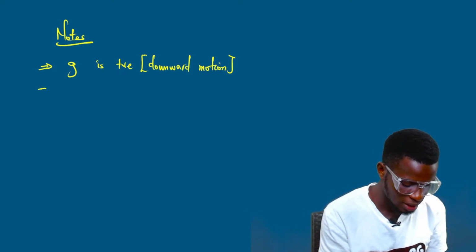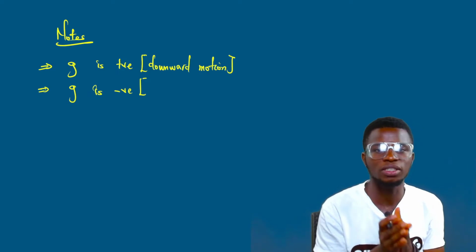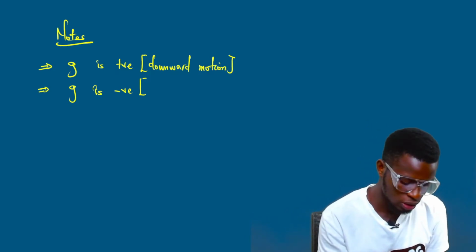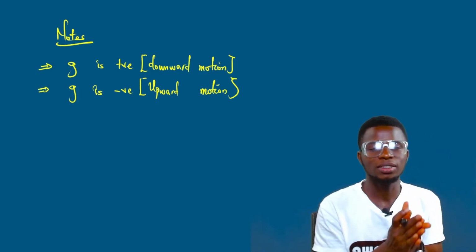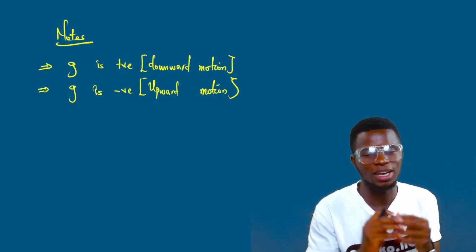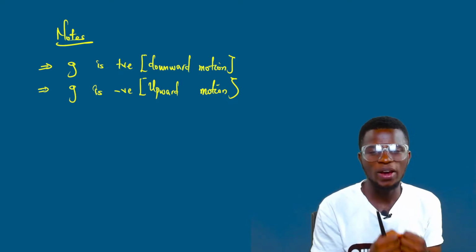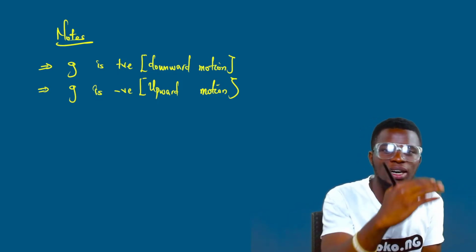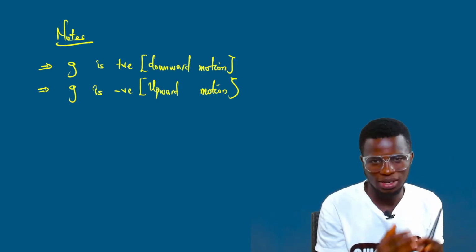The next case is when g is negative. When acceleration due to gravity is negative, then the motion of the object is upward. Using the staircase as an illustration, you expend some energy, or it is relatively difficult, to ascend a hill, because at that point you are working against gravity.